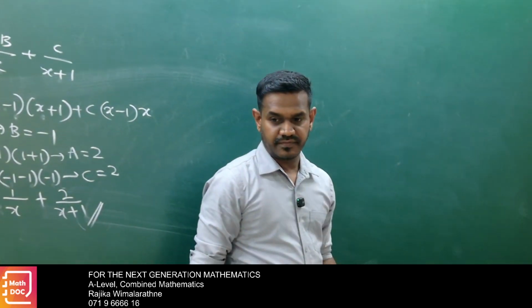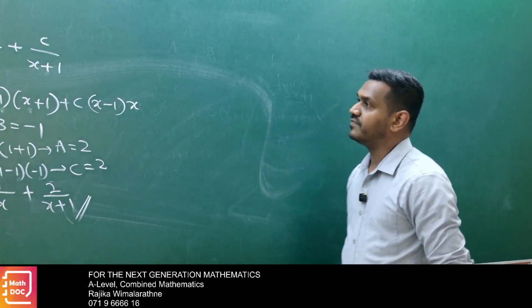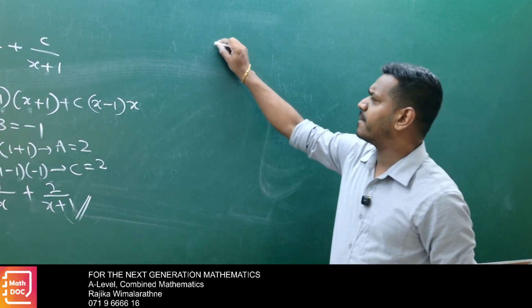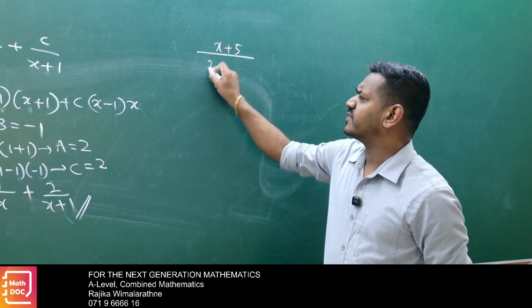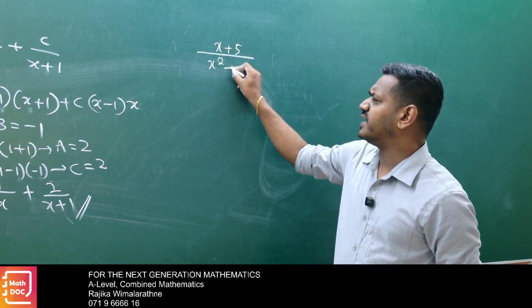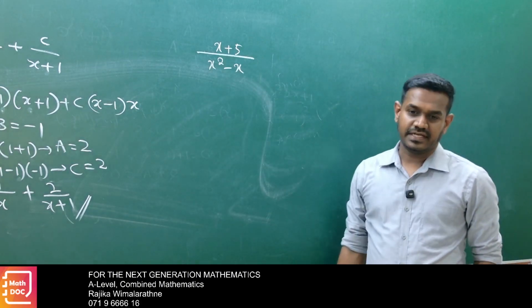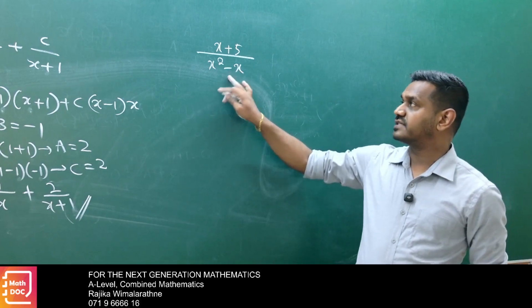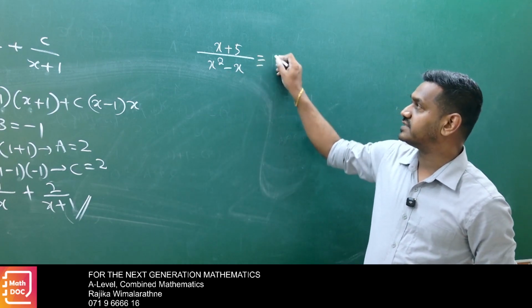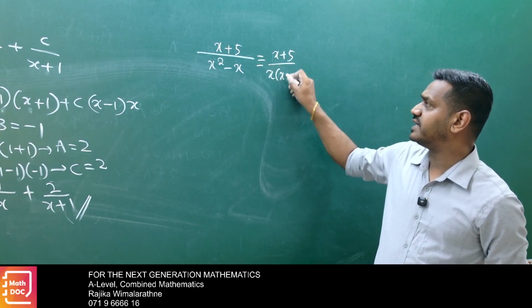Okay, now see another example: x plus 5 over x squared minus x. Here the complete factors are not given, so you have to factorize this. Take x outside: x times (x minus 1).